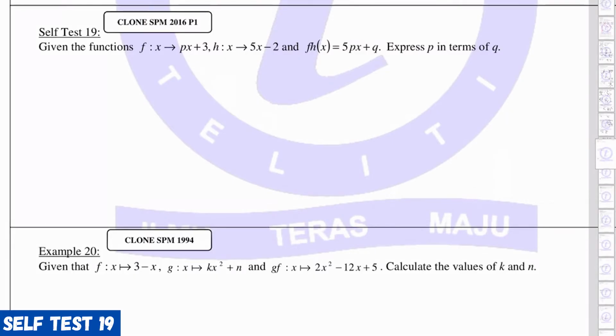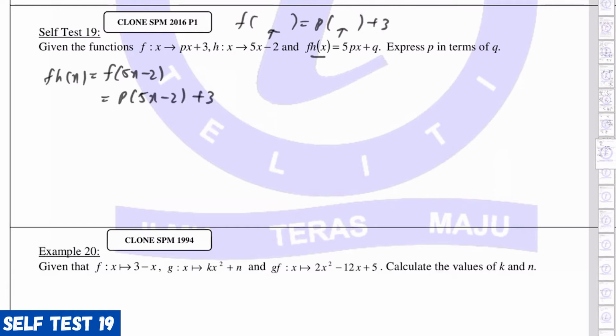Okay, self-test 19. So here you're given fh(x) is equal to 5bx plus q. Your h(x) is 5x minus 2. Maybe I write fh(x) here first. So remember, f(x) is bx plus 3. So whatever I put in here, I must put the same things here. So this is b of 5x minus 2 plus 3. If you sub inside, 5bx minus 2b plus 3, and this fh(x) is this 5bx plus q.